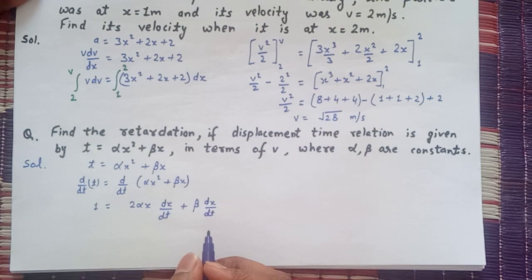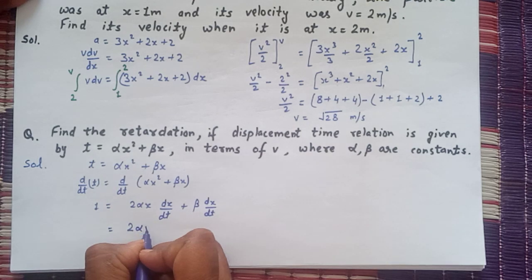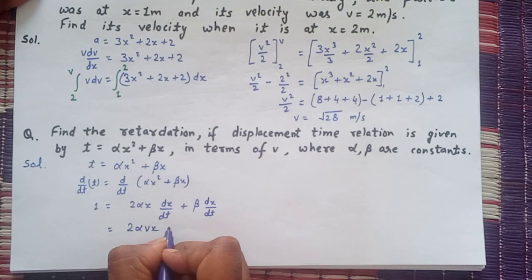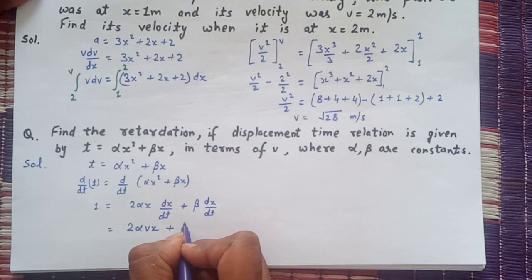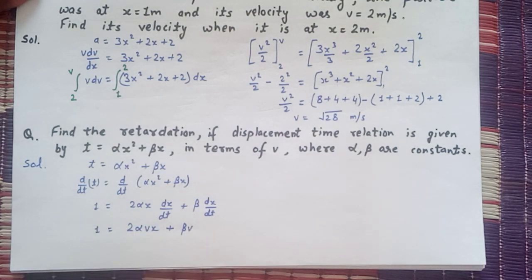What is dx/dt? dx/dt is v. So it will be 1 = 2αv x + βv. So the value of v from here will be 1 upon (2αx + β). This is the velocity.